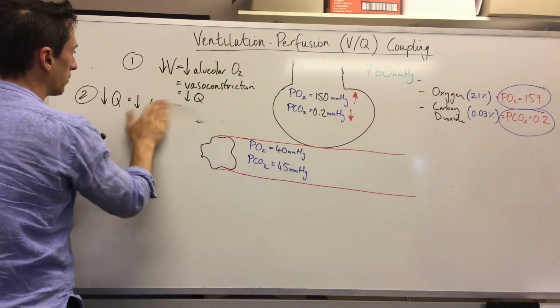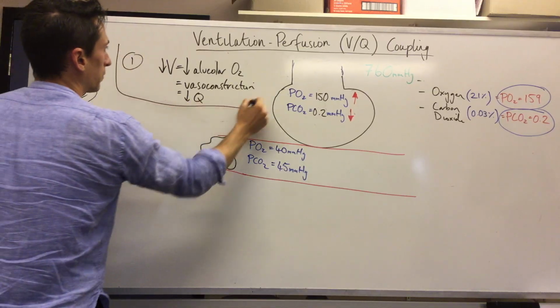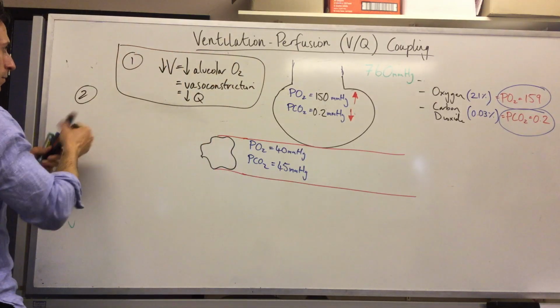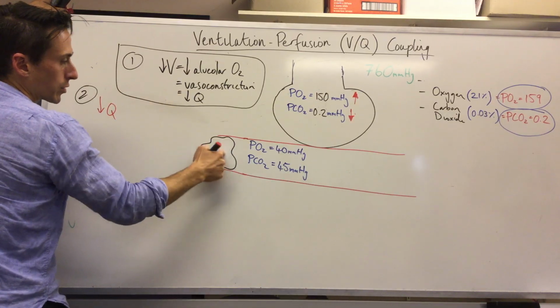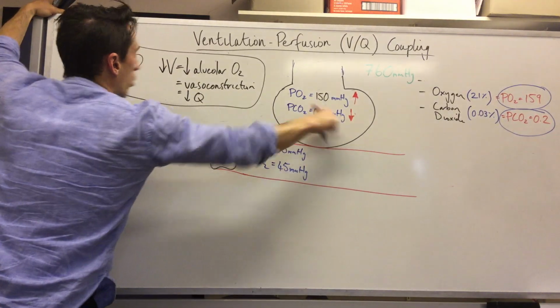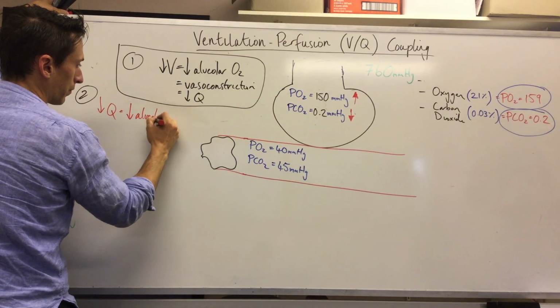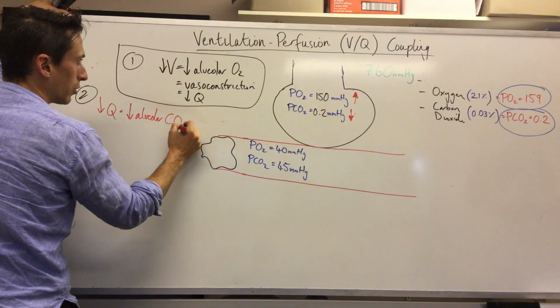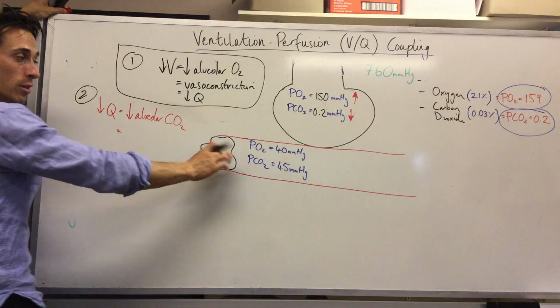Let's change colours so that you don't get it confused with this one. A drop in perfusion because of the clot resulted in a drop in alveolar CO2, and this results in, how are we going to match it?